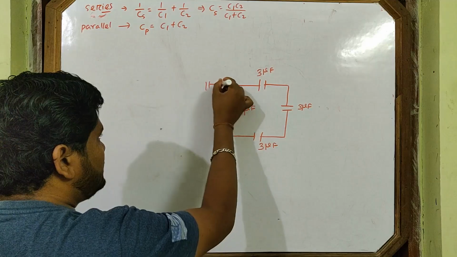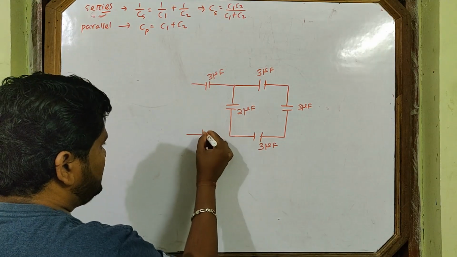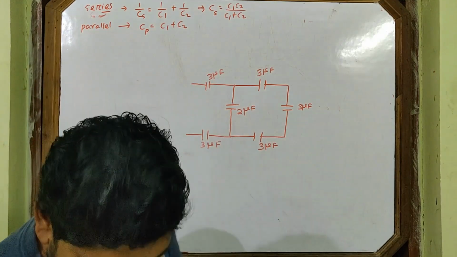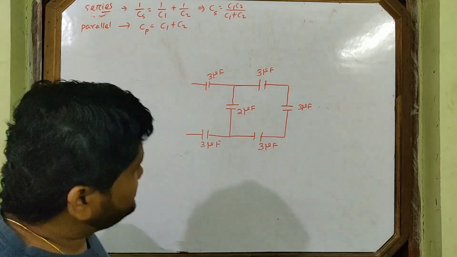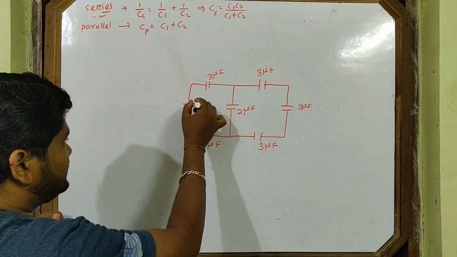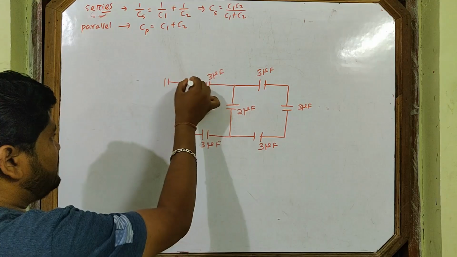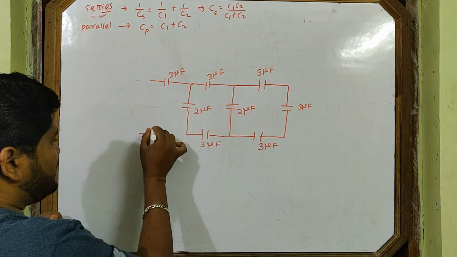Then here again 3 microfarad, and here again 3 microfarad. It's not complete, this branch is continuing. This is again 2 microfarad, then 3 microfarad, then 3 microfarad.